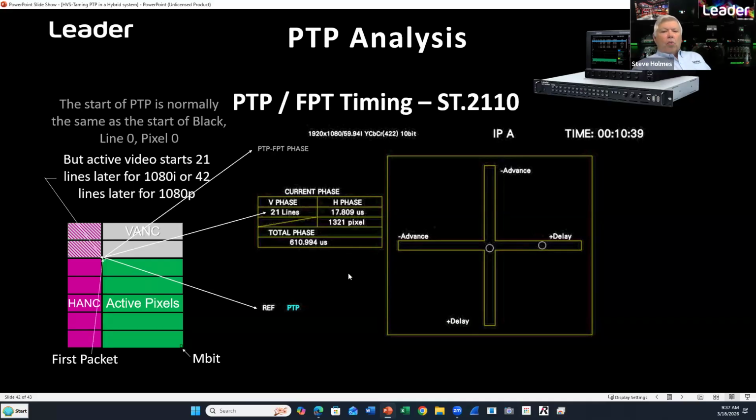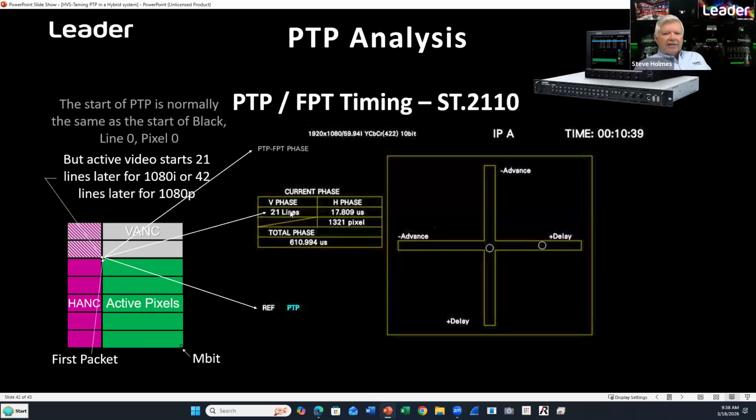There is now one other measurement that needs to be made. And this one is called FPT, first packet time. This is the first packet that is read into the processing buffer. Technically, it should be just a little bit more horizontally shifted.